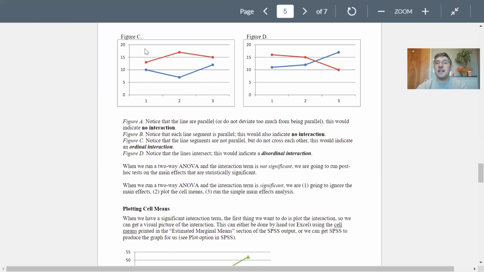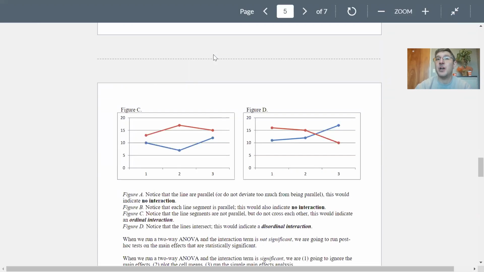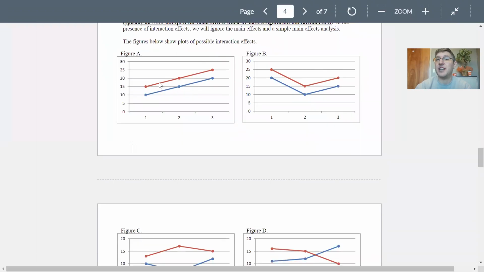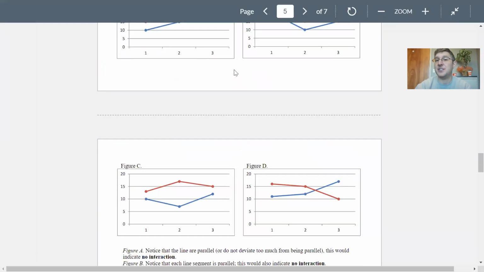If we're looking at mean differences here, for teaching method 1 we probably wouldn't find a significant difference between males and females. For teaching method 2, we probably would find a significant difference between males and females. In teaching method 3, we wouldn't find a significant difference. Whereas with the parallel lines, we come to the same conclusions each time.